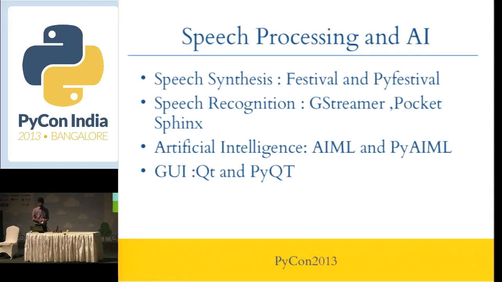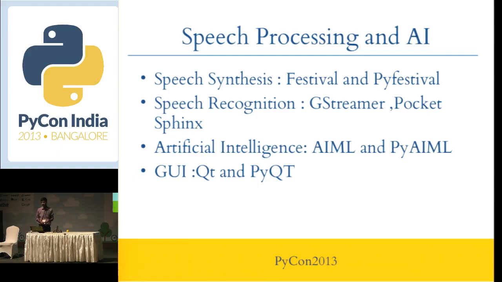Then next is speech recognition. Actually, Linux has few speech recognition tools, and they also have less accuracy. We need to train it. There is a basic speech recognition system. We can use PocketSphinx and GStreamer. Combining these libraries, we can use them for speech recognition.